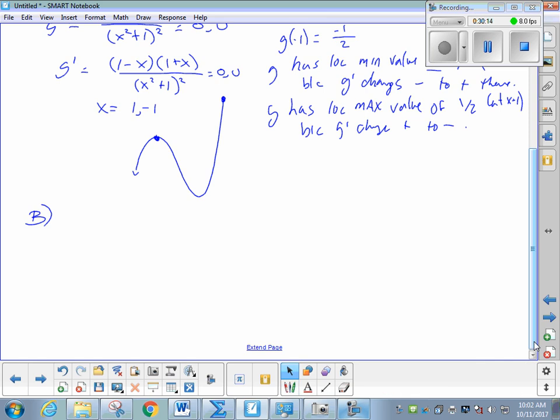To get the best picture, use all the tools in your kit: poles, vertical asymptotes, x-intercepts, derivatives, zeros, end behavior. Really, after this stage, it's up to you how fast you go.